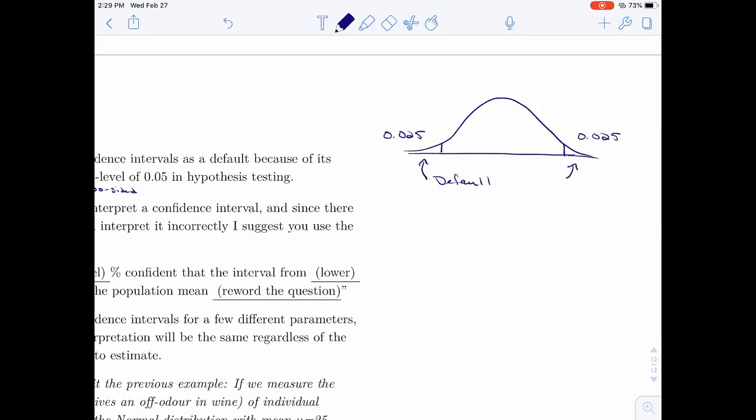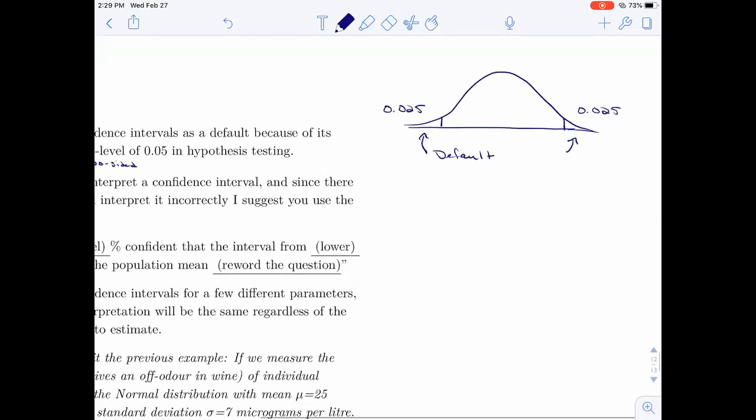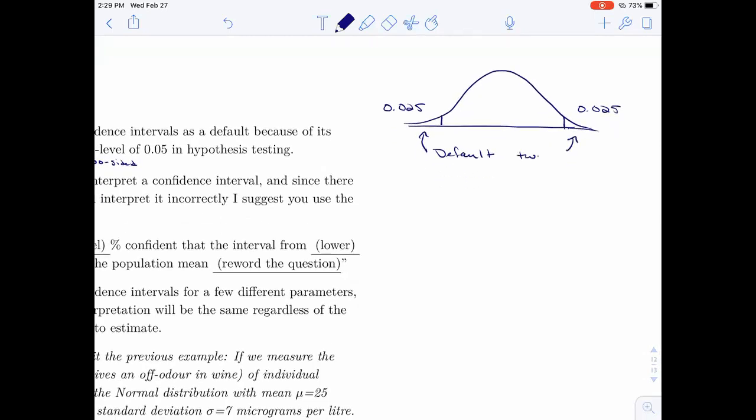So this is the default two-sided alpha level of 0.05. 0.05 has to be split evenly amongst the tails. So now you've got 0.025 in both the tails.